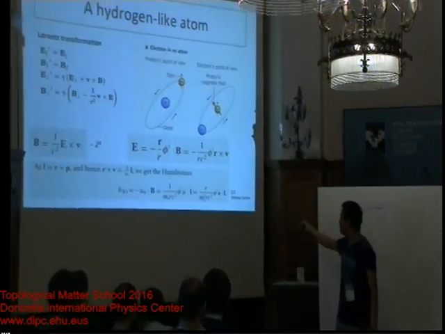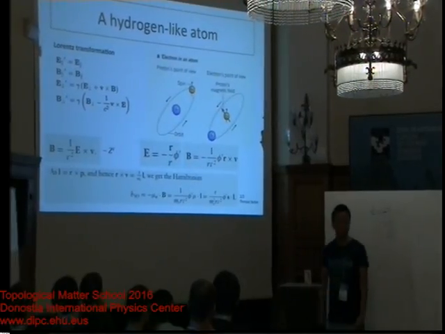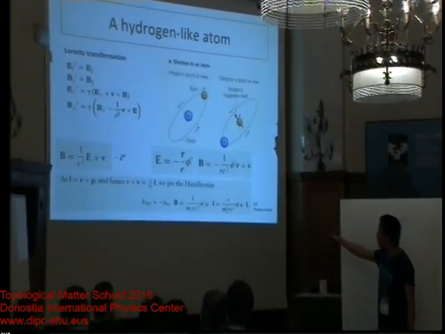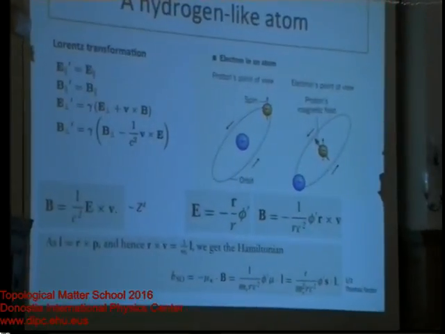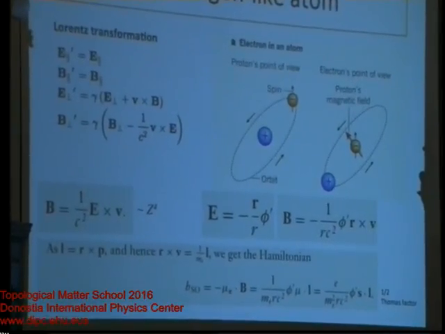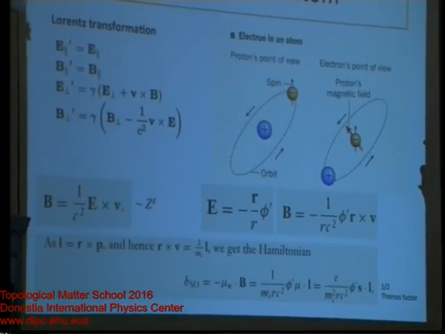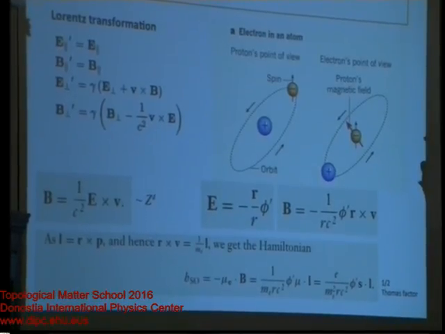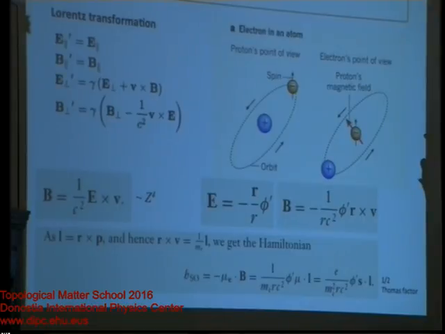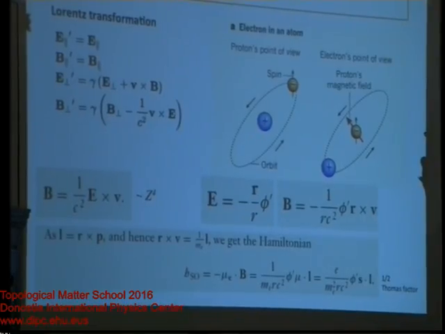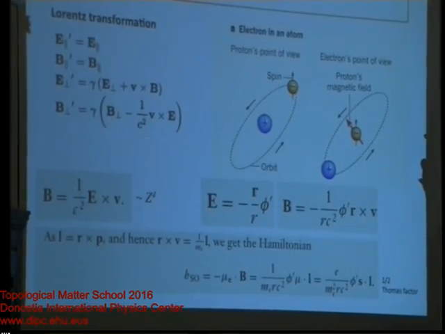If we change the system, when it moves quite fast, we have to use the Lorentz transformation from one coordinate system to another moving coordinate system. This is the Lorentz transformation for relativity. Don't be afraid. Here we will only care about this term.